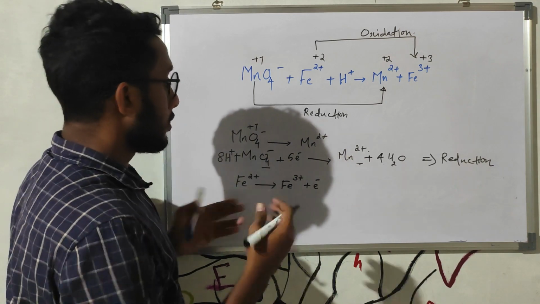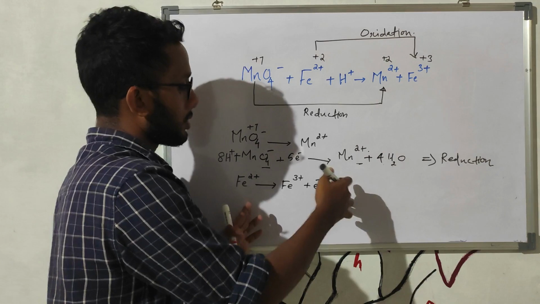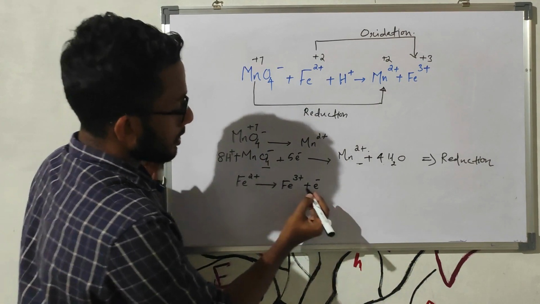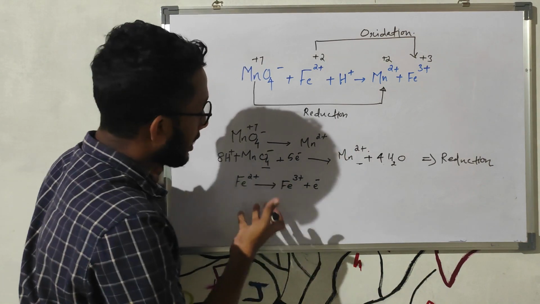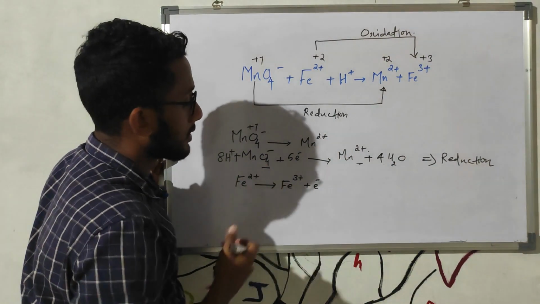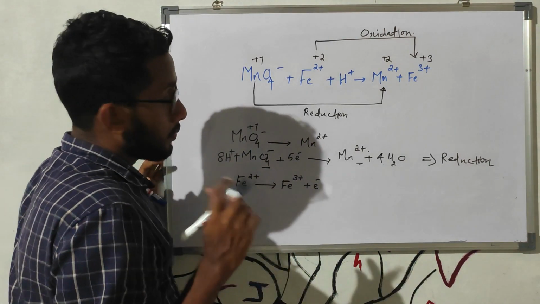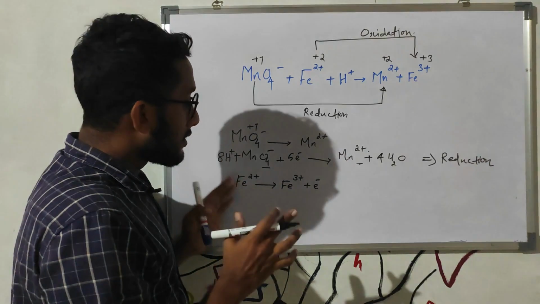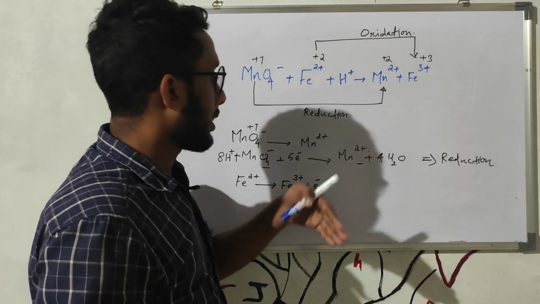Here we accepted electrons for the reduction, but here it's giving an electron. Is there any oxygen excess? No. Is there any hydrogen excess? No. So we completed oxygen balancing and hydrogen balancing.